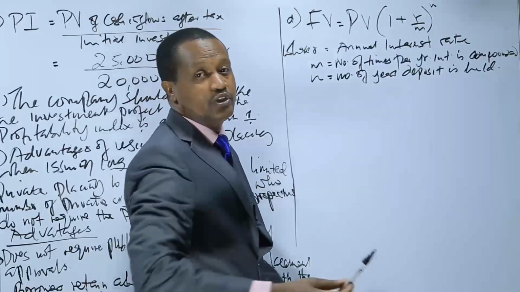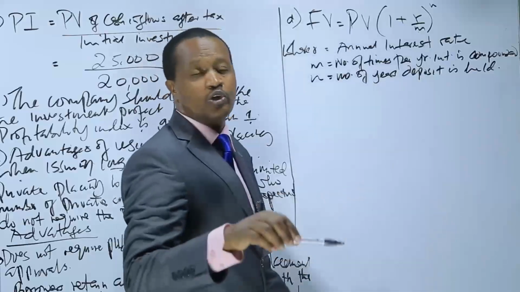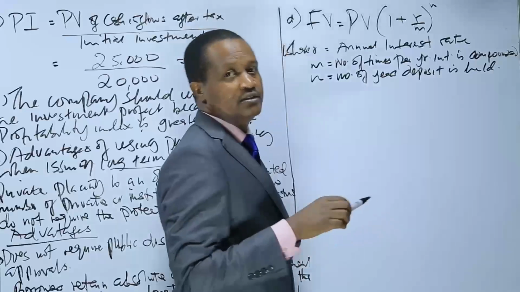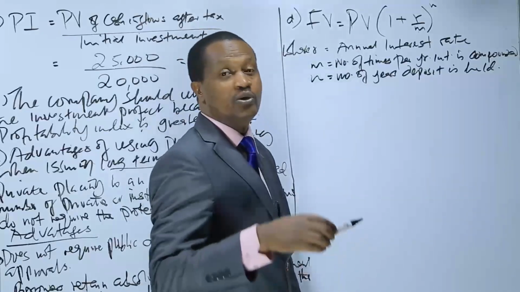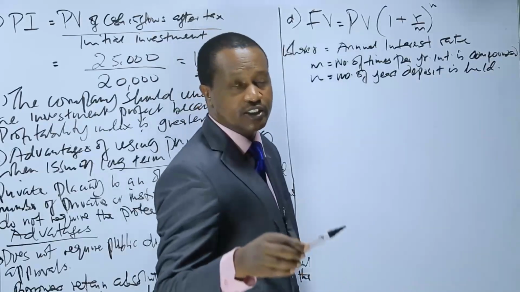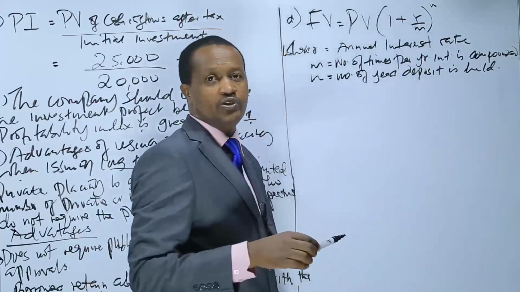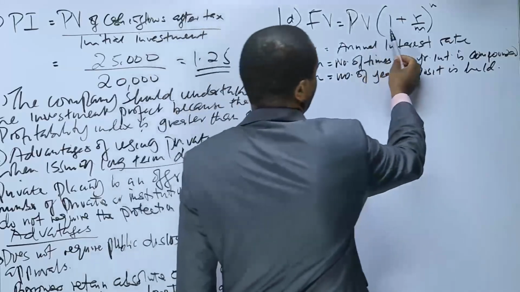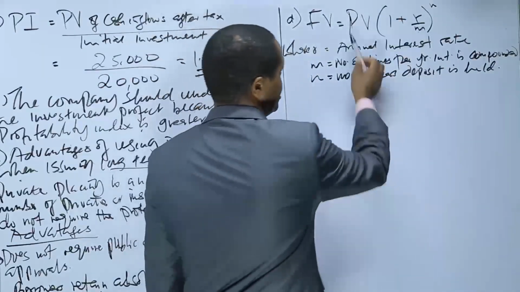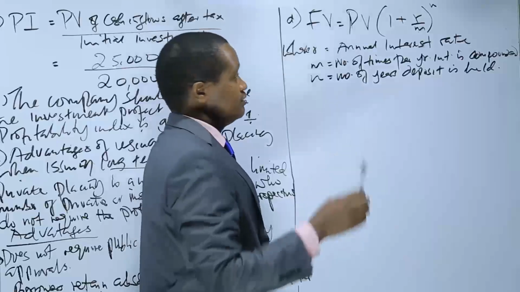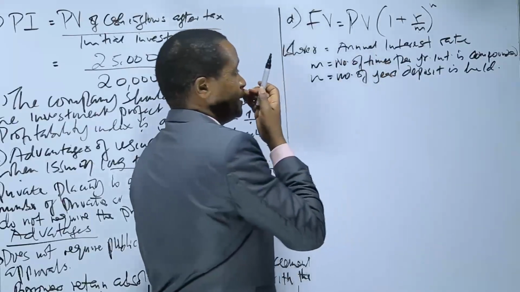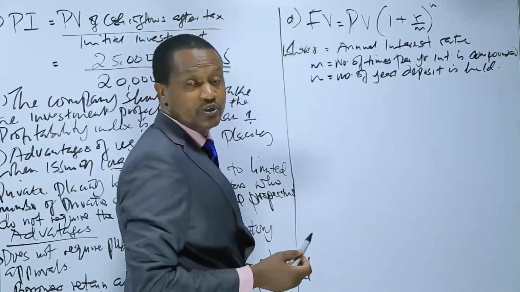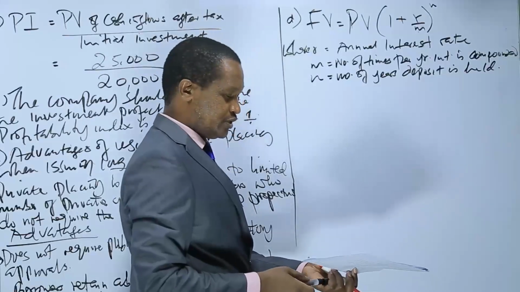In another question you may be told it is compounded quarterly, monthly, weekly, daily, or even hourly. I'm just writing it so that you can revise. Make sure you have this formula in your head, because the examiner does not give the formula in your exams. You have to extract it from your brain.